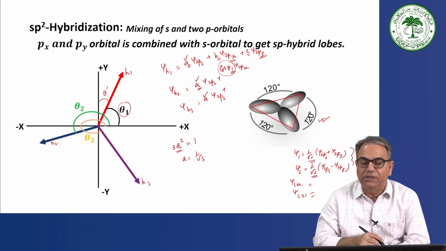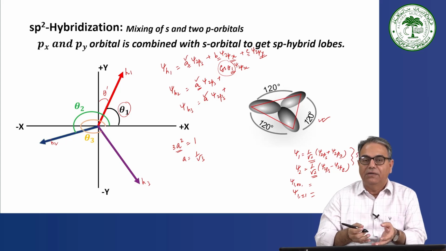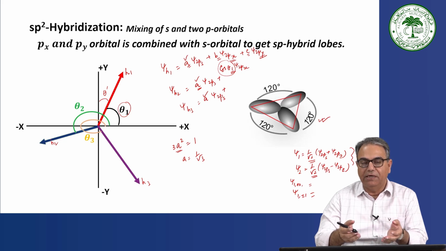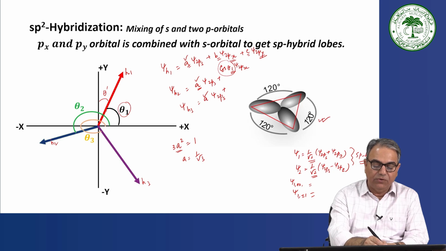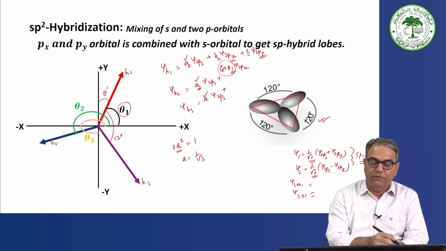But instead of doing this, I am saying that only when you know the angles, only when you know that the hybrid lobes are oriented at this particular angle. Okay. Now, if you look at this one, from here to here, it is a 120-degree angle. Okay. So what do you expect?